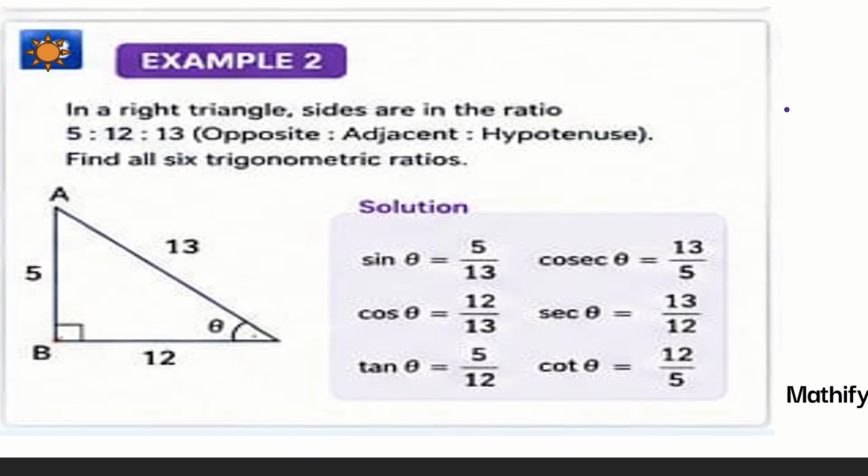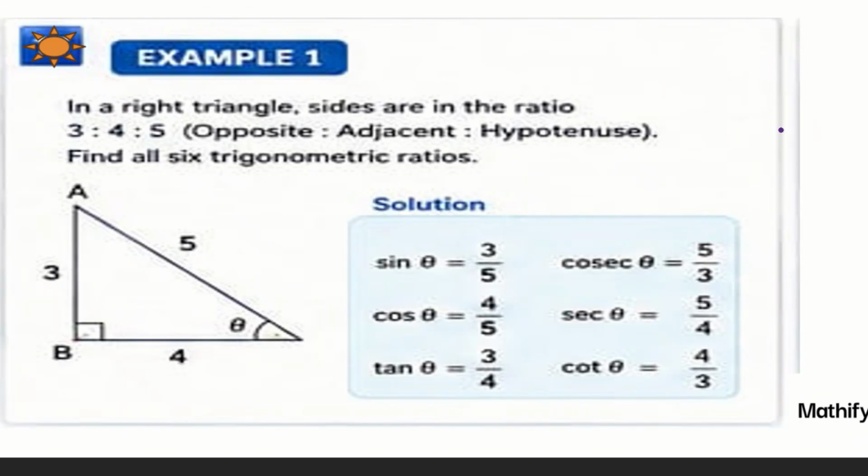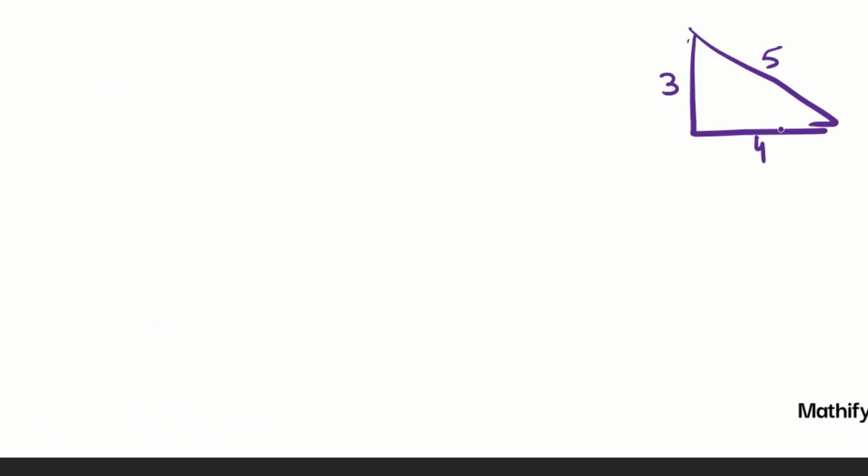We have this triangle with sides 3, 5 and 4, with vertices A, B, C.